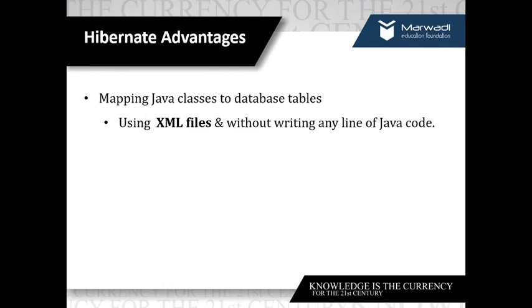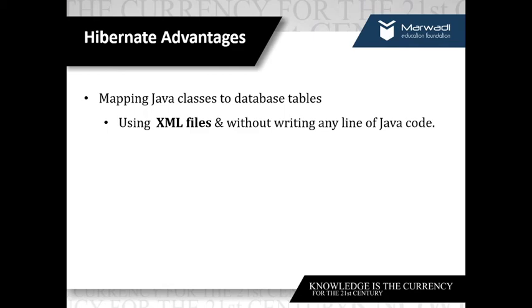But here, all the configuration related information, all the configuration related tasks will be taken care of by Hibernate using simple XML files. Configuration related information means database connection, then table mapping onto the Java class. All these things will be taken care of by Hibernate using simple XML files.